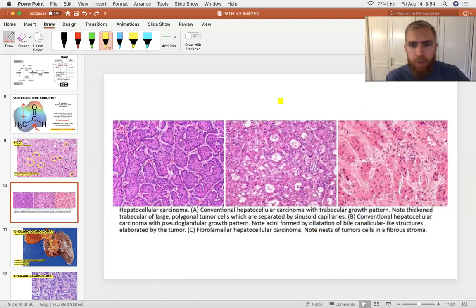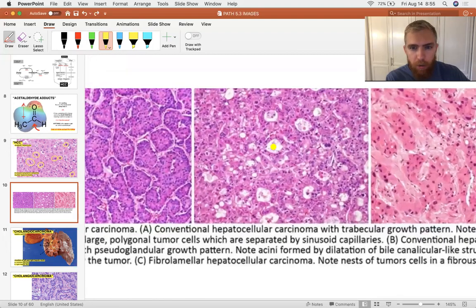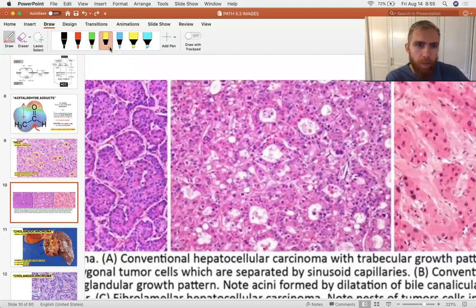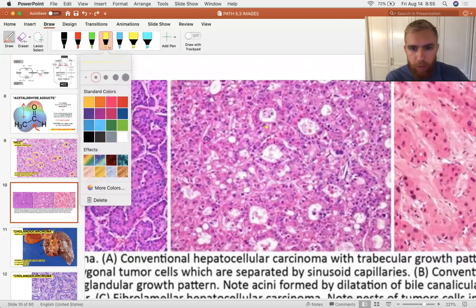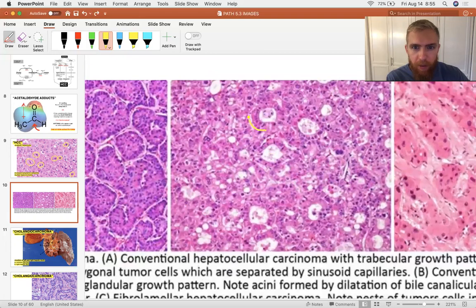Here in the middle, that's your conventional pattern with pseudoglandular growth. And what that's referring to is if we zoom in really close, you can tell that there's like a duct almost, or an acinus.